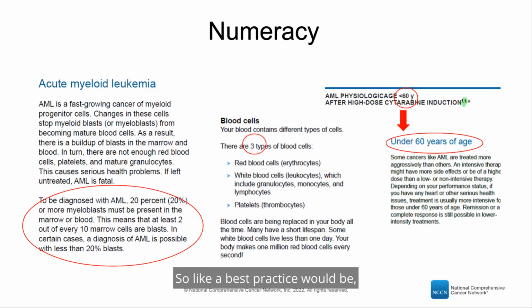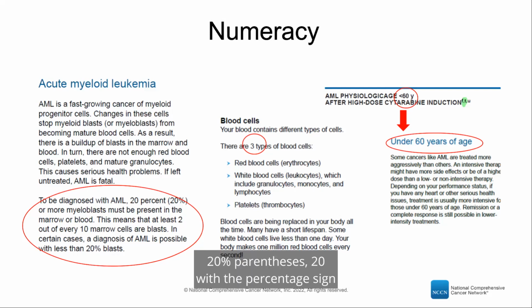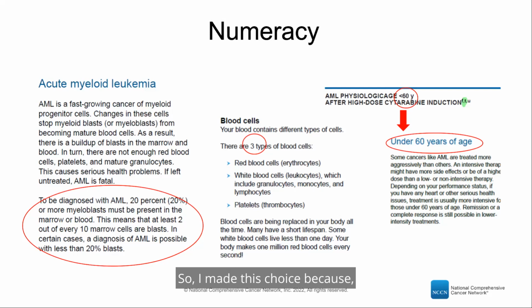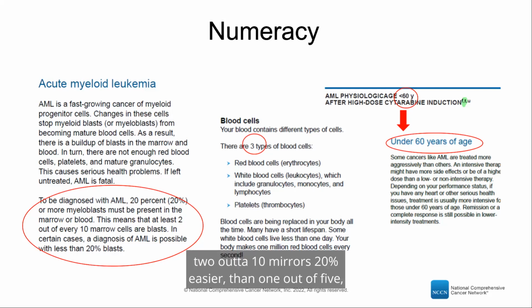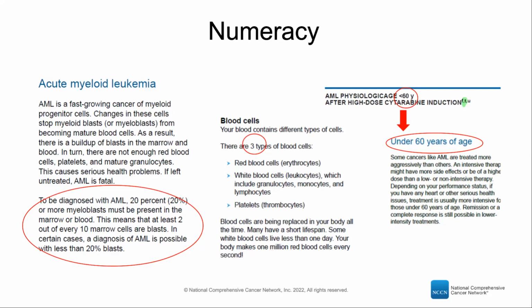A best practice would be: 20% (20 with the percentage sign) or more myeloblasts must be present in the bone marrow. This means that at least 2 out of 10 marrow cells are blasts. I made this choice because 2 out of 10 mirrors 20% more easily than 1 out of 5, even though 1 out of 5 is considered the lowest common denominator. This was a choice.